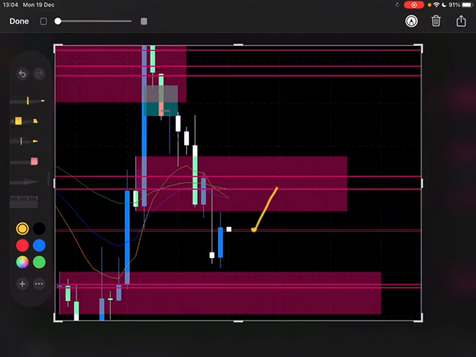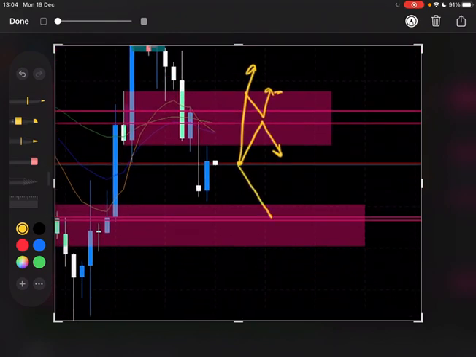If H4 decides to climb up into our sell zone and respects it, then potentially it could drop back down. But if it breaks the zone, then potentially it could go even higher. Vice versa, if it drops down into our buy zone and H4 respects it, then potentially it could bounce back up. But if it breaks the zone, then it potentially could go even lower.